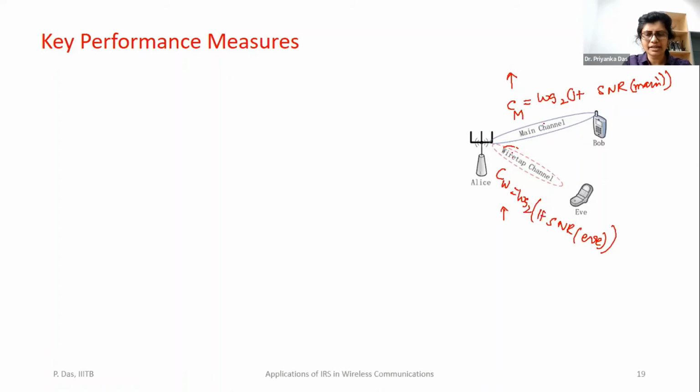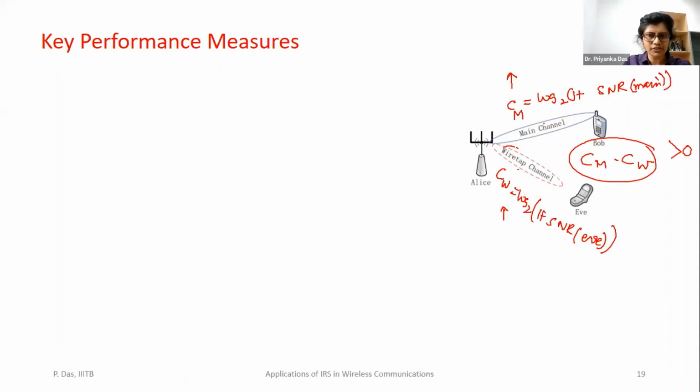If the wiretap channel capacity is high, then the eavesdropper can tap your channel easily compared to the main channel. So it all depends on the difference. That's why I introduce C_M minus C_W, the difference of main and wiretap channel capacity. And we want the difference to be greater than 0. I want C_M to be greater than C_W.